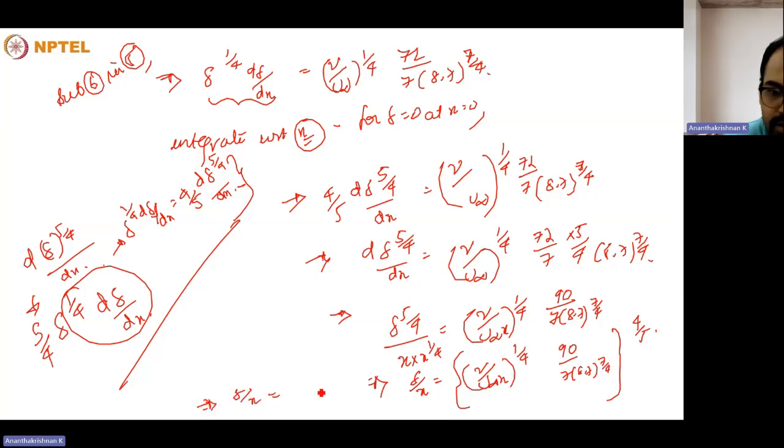So that will give us the value of delta by x. Delta by x is equal to a constant multiplied by nu by u infinity raised to 1 by 5. So the constant is equal to 0.373. So this particular constant will become equal to 0.373 multiplied by nu by u infinity x raised to 1 by 5.